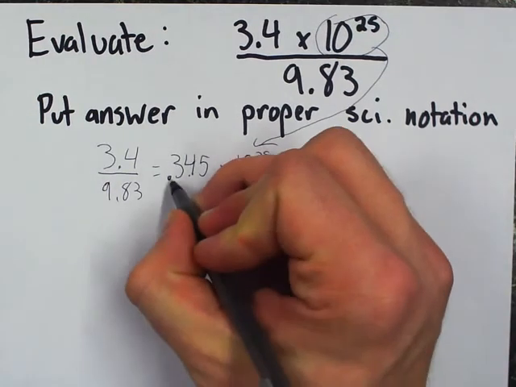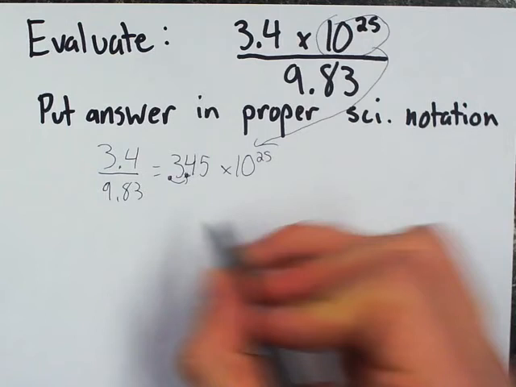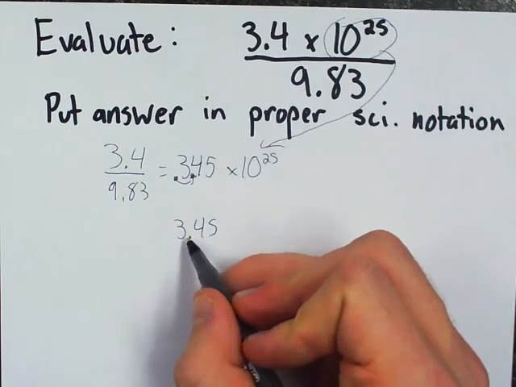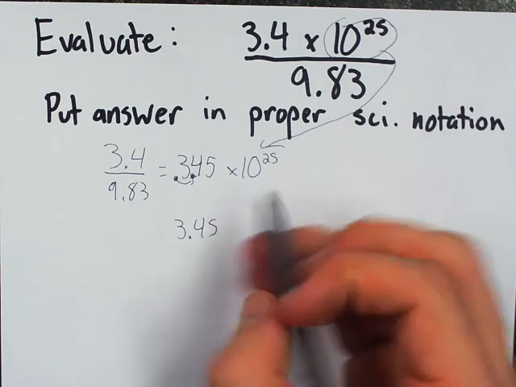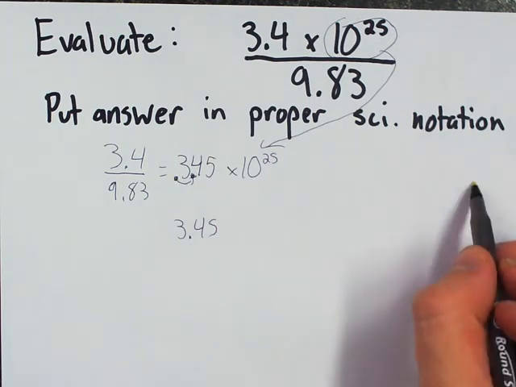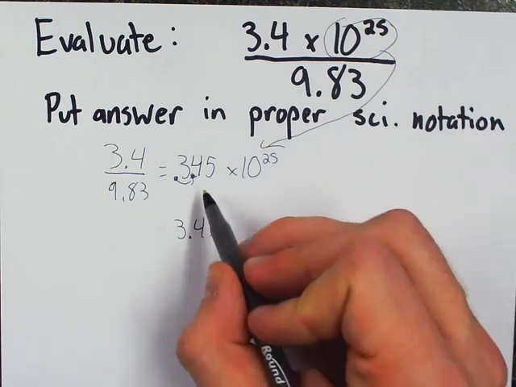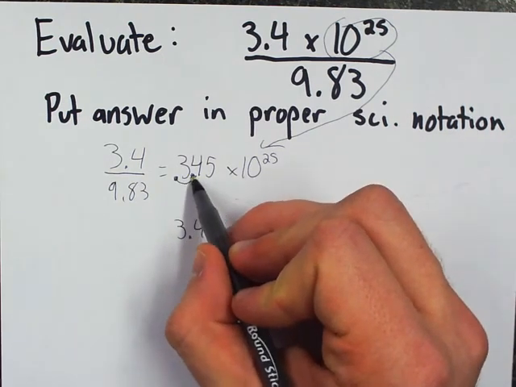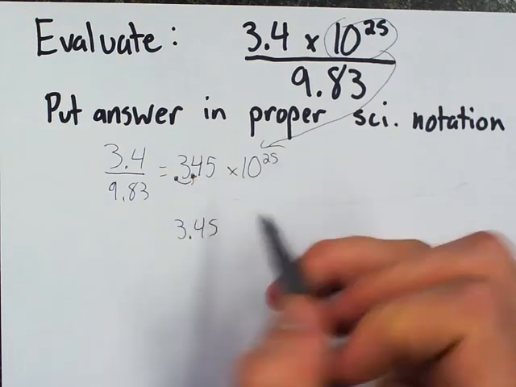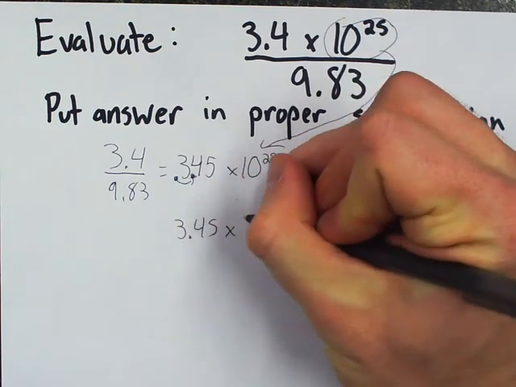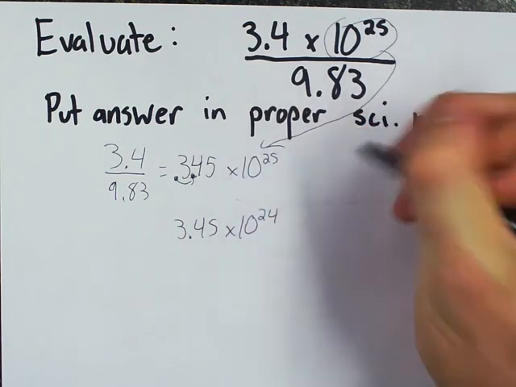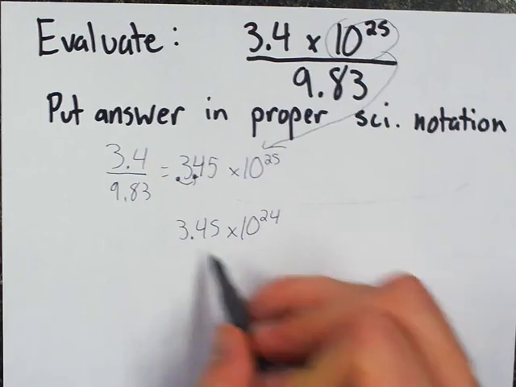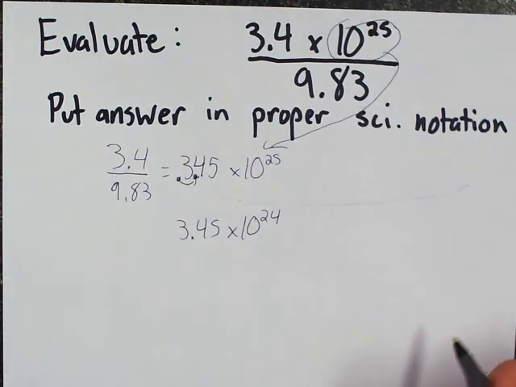So if we want to move it to where it's supposed to be, 3.45, where we correctly have one digit to the left of our decimal, now instead of going 25 digits over, it's only going to go 24 digits over because it's one decimal place closer. 3.45 now becomes times 10 to the 24th power because it is one space closer to where it's supposed to be written out in long form.